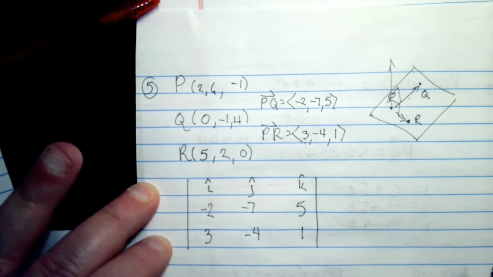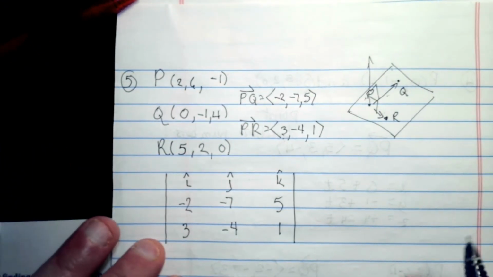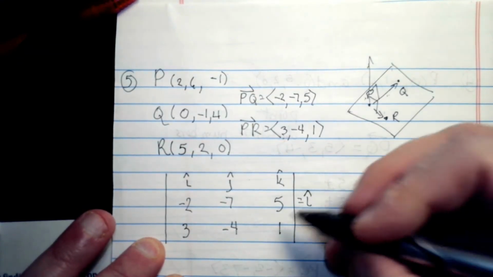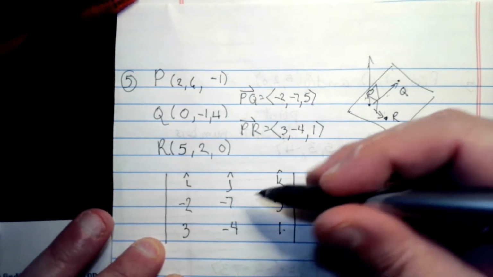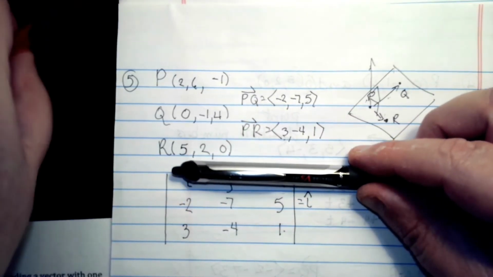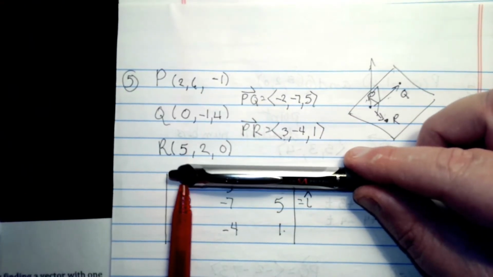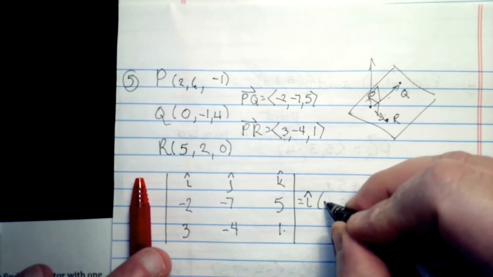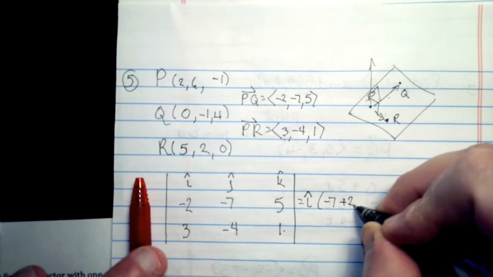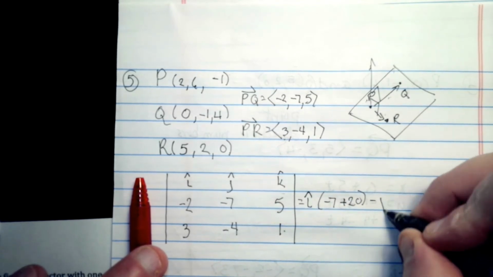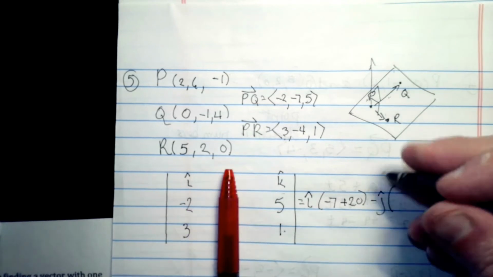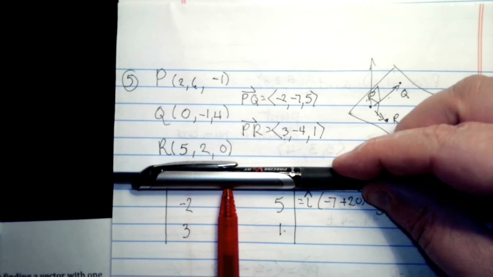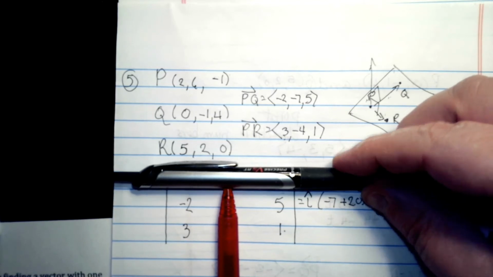Alright, so I've set up the determinant. So the coefficient of i is going to be this 2 by 2 determinant. And that should be -7 minus -20, which would be -7 plus 20. The coefficient of j should be that 2 by 2 determinant, which would be -2 minus 15.